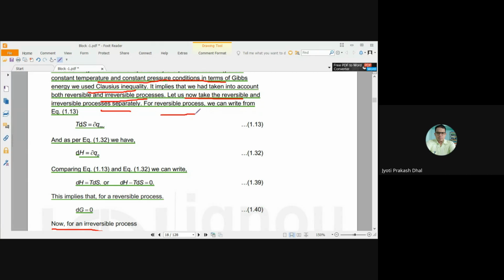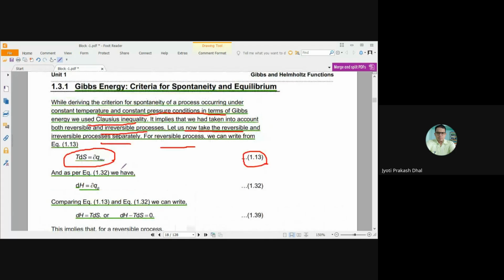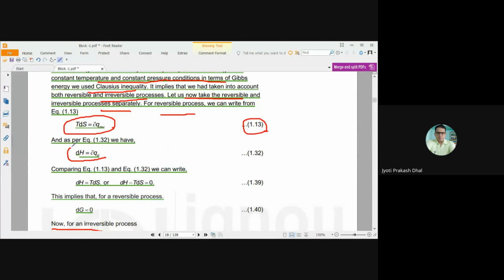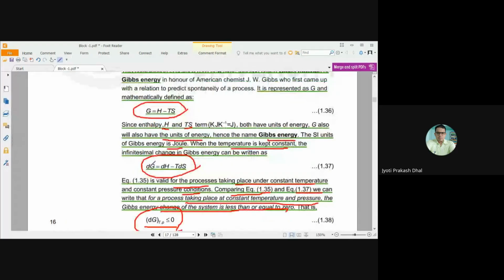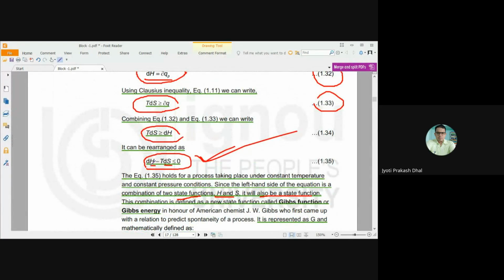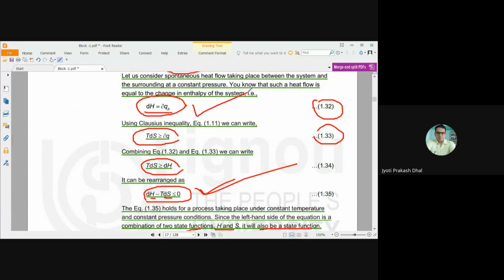For a reversible process, we can write TdS equals dQ reversible, as discussed in equation 13. And as per equation 32, dH equals dQ at constant pressure.